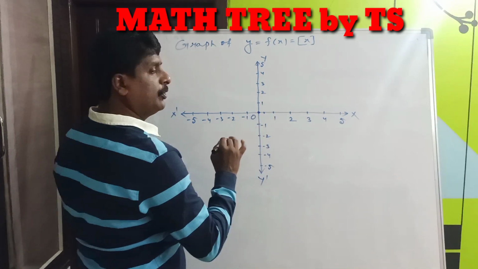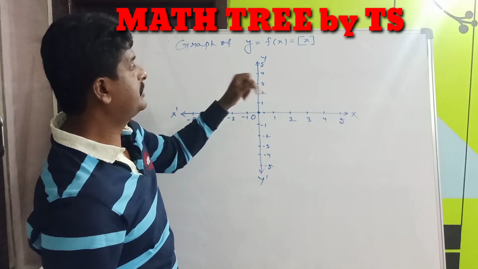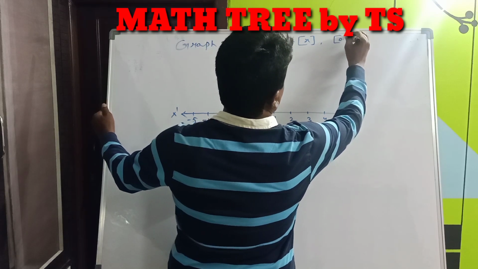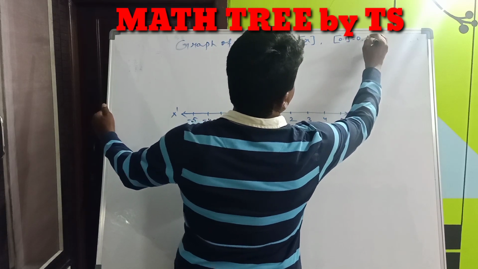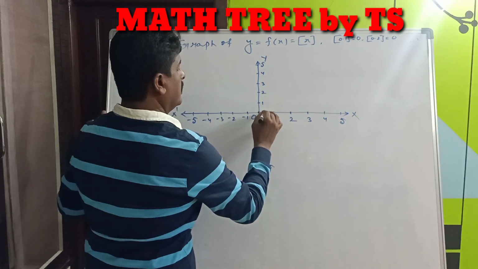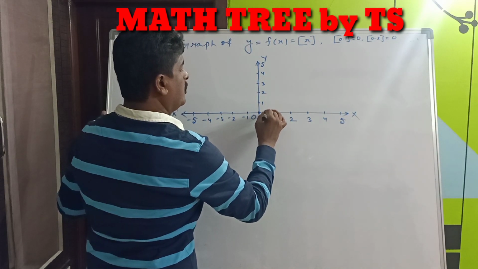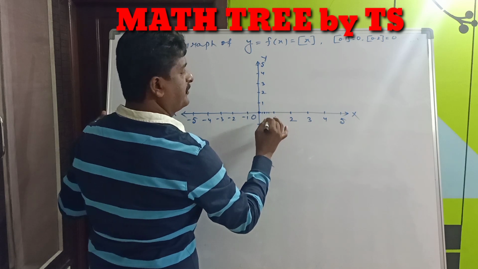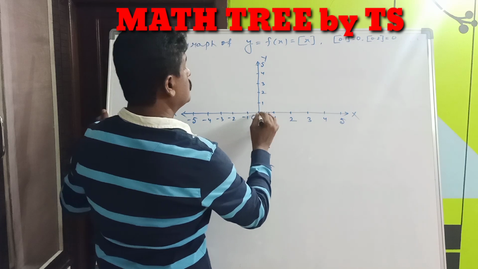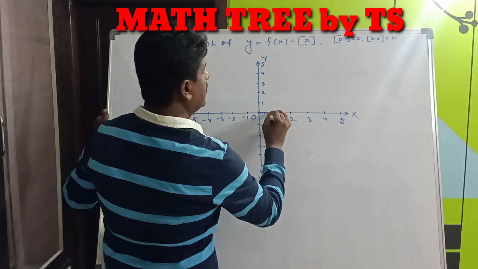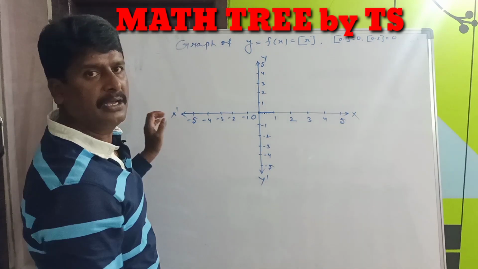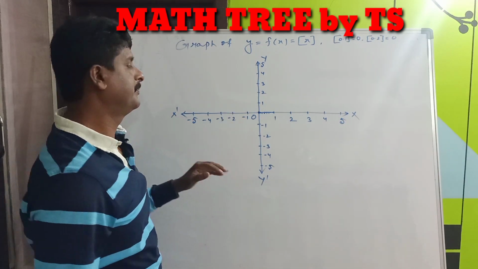For x value 0.1, step of 0.1 will be 0. Step of 0.2 is also 0. Step of 0.3, 0. Step of 0.4, 0. Step of 0.9, 0. So the graph is at 0 till the left side of 1 on the x-axis.